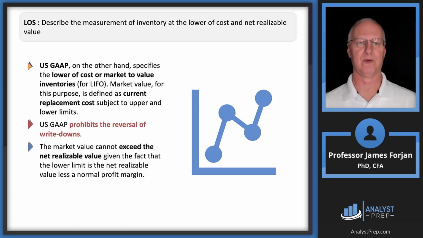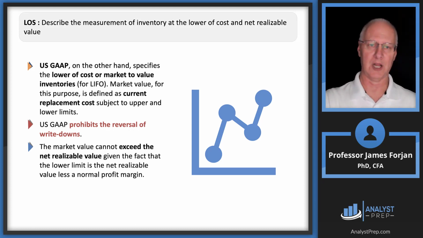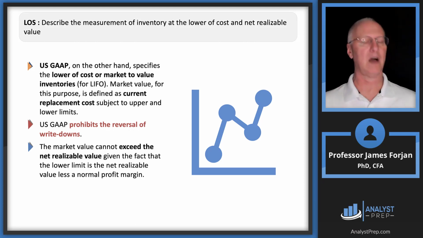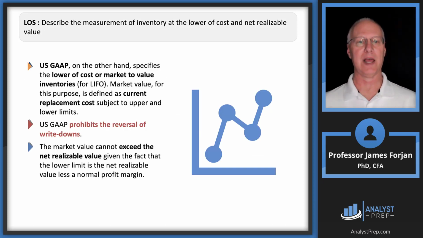Now, the U.S. standards, however, say something like, look, you can do this at the lower of the cost or market value under the LIFO method, but if you do it under any of the other methods, then it is similar to what the international standards require. In fact, the reading goes to great lengths to say something like, hey, remember when we talked in one of the first readings in this study session about the idea of convergence, that the US standards and the international standards ought to converge to make life simple for not just accountants and financial analysts, but shareholders and investors throughout the world.